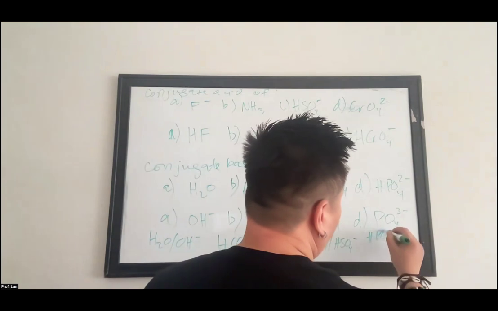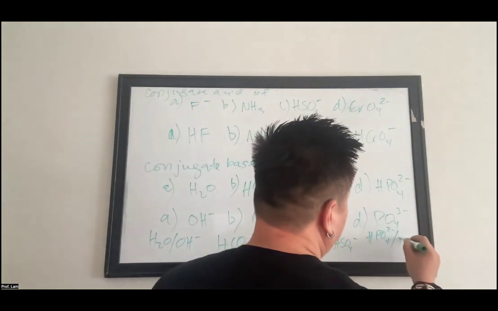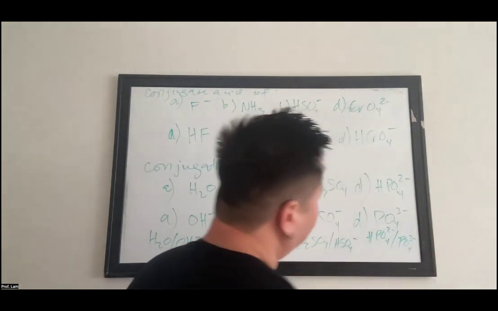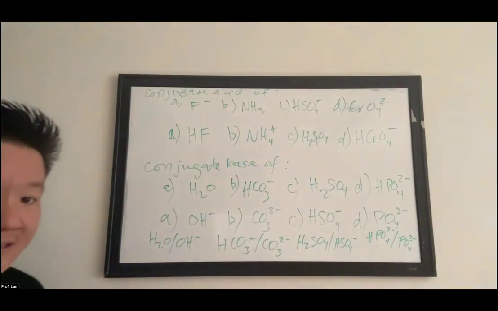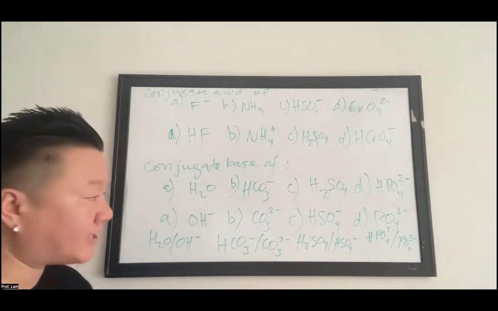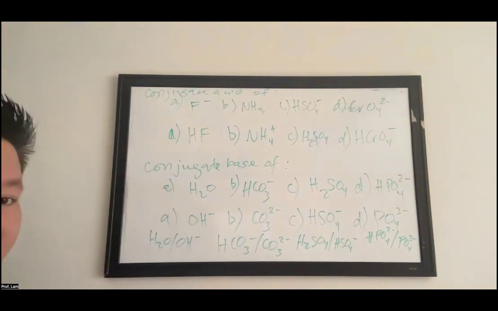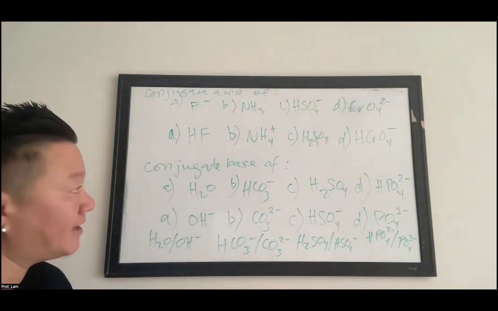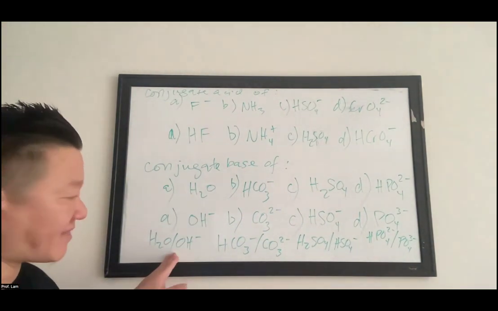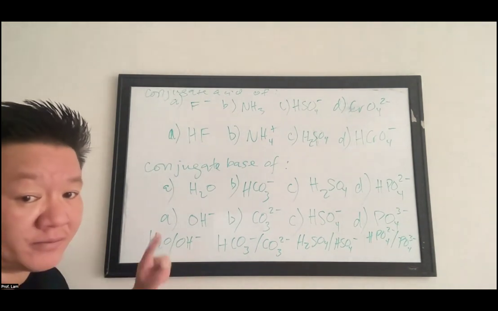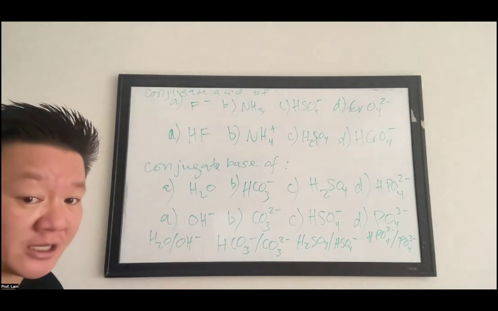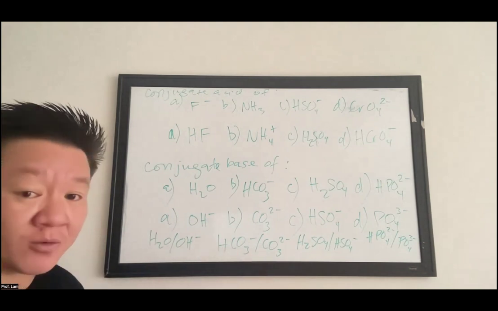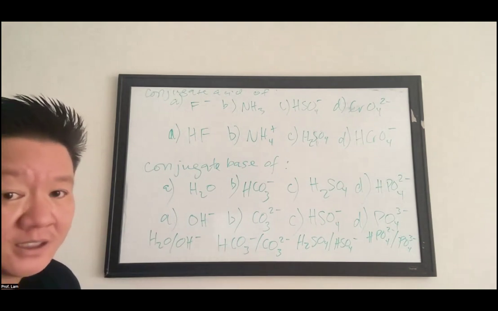And HPO4 2 minus and PO4 3 minus is a conjugate acid-base pair, right? So you can imagine there are many examples of conjugate acid-base pairs, and basically all that is is they differ by 1 proton. That's their relationship.